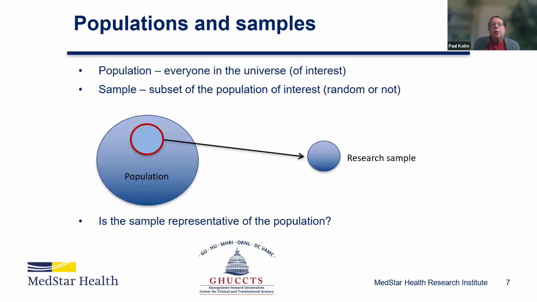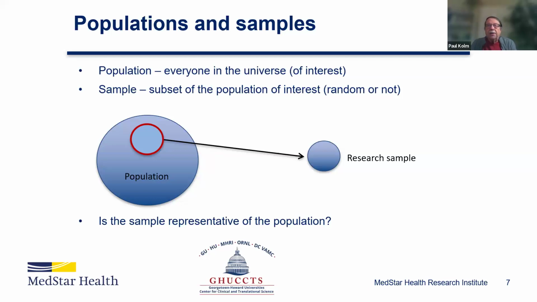So just to review, the classical concept of statistical hypothesis testing is that you take a research sample, or you get a sample from a population of interest, and this sample can be random, maybe not, but that's basically what we're doing when we do scientific research.